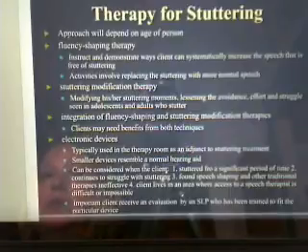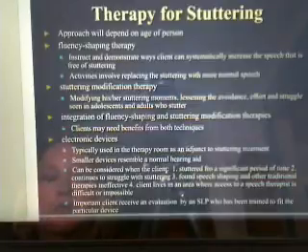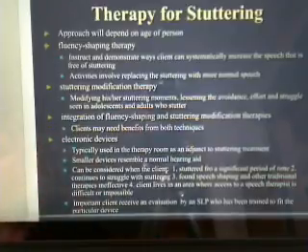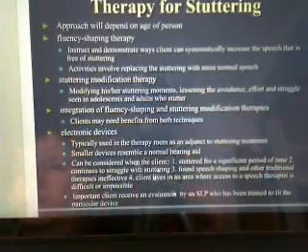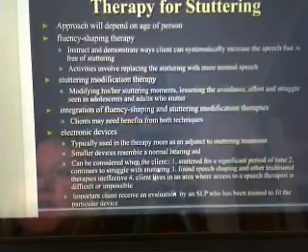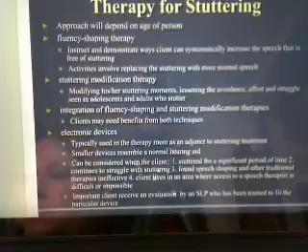Just to mention here, fluency shaping and stuttering modification are typically used with school-age children who have been identified as having a chronic communication disorder, as well as older children and adults who have an identified chronic stuttering disorder.